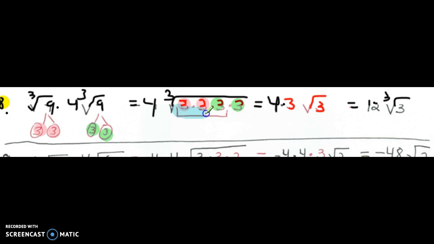So I have these 3 to come out. That's where this 3 comes from. This 4 is not under the radical, so it stays not under the radical. This 3 does not come out. So I multiply everything together and I get 12 cube root of 3.